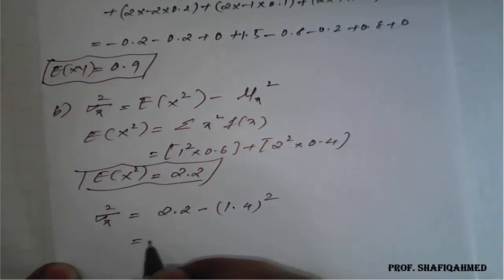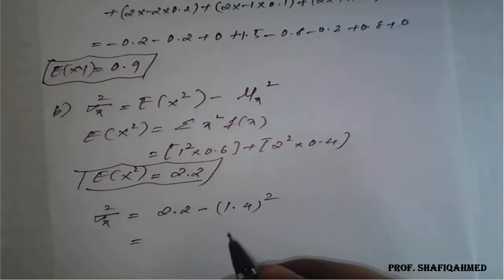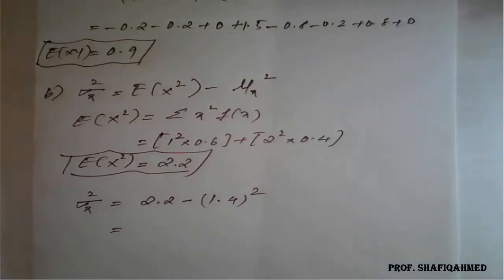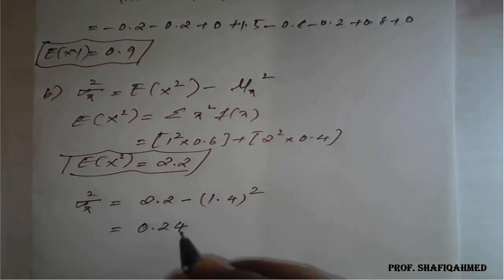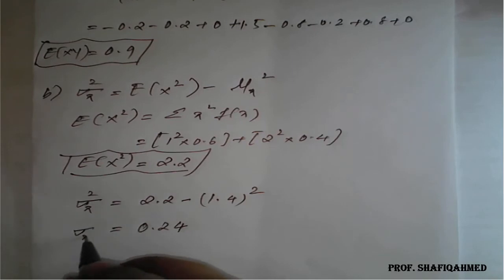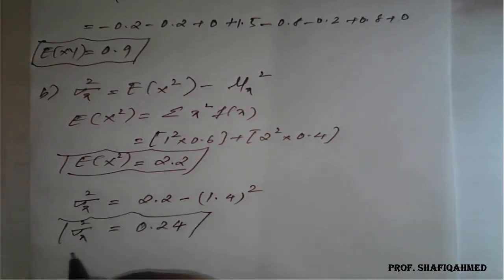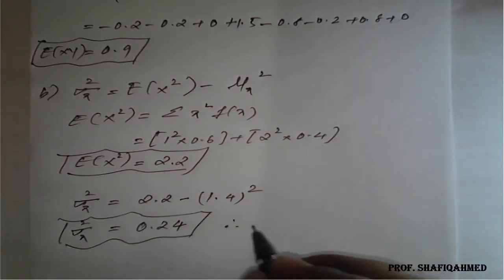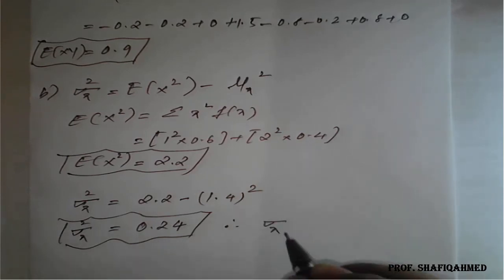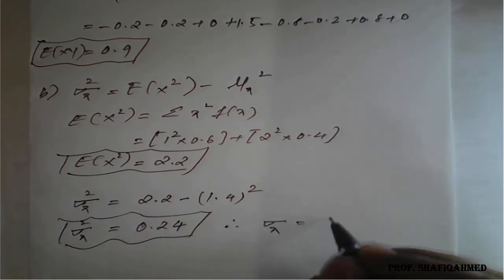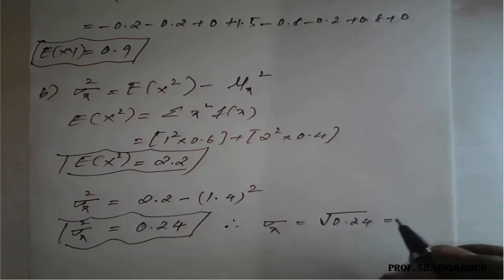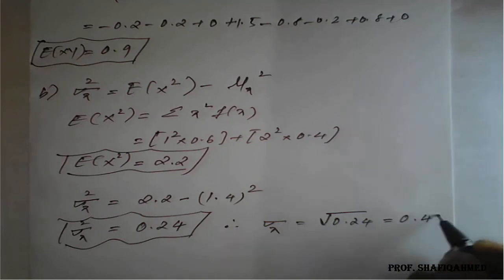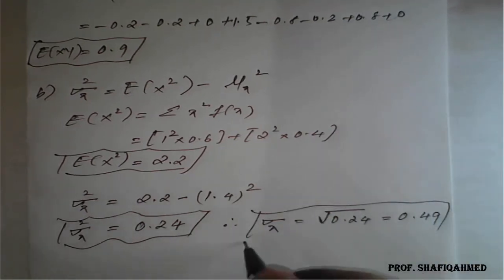On simplification we'll get 0.24, which is nothing but the variance value. With the help of this we can find the standard deviation. Standard deviation value is square root of 0.24, which is nothing but 0.49. If you calculate and check, you'll get this one.